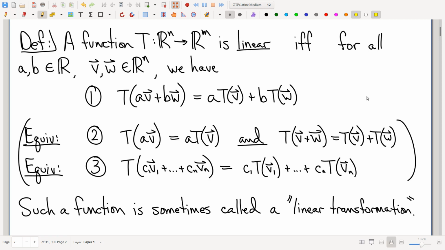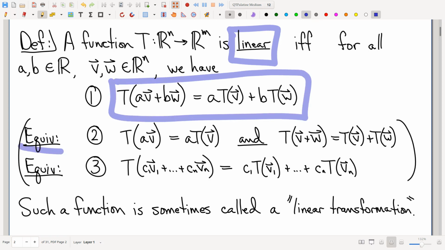So this is something you've got to make sure that you know. Here it is. Linearity means this right here, or pick your favorite equivalent formulation. These three different formulations are all equivalent, and they have their moments here and there. One might be more convenient in one context, et cetera. But just to keep it simple, I like number one the best.